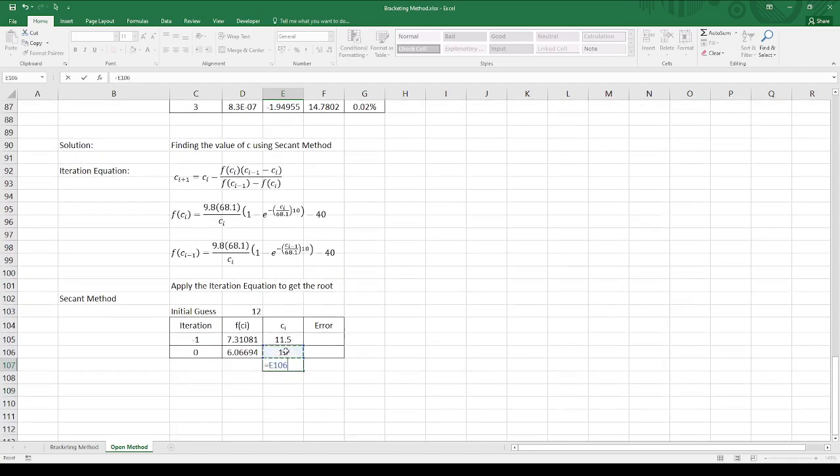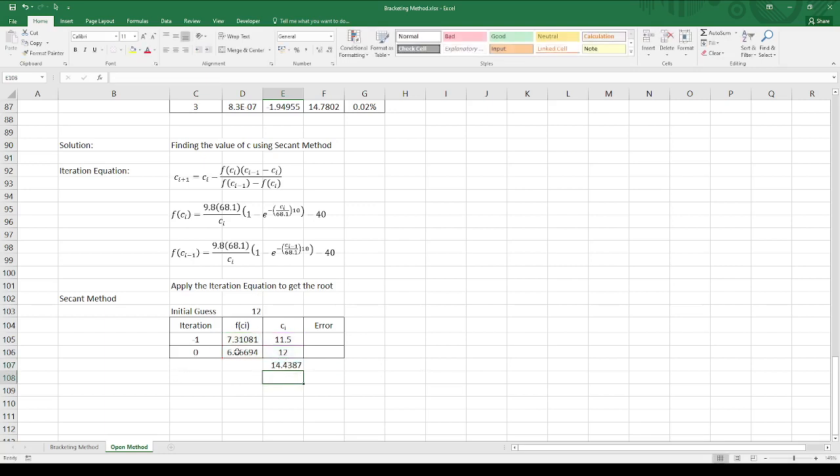So that is c sub I minus f of c sub I times the difference between the two, so this one minus this one, then divided by f of c sub I, this one, open parenthesis, this one minus this one, close parenthesis, close parenthesis, then I think we're fine.